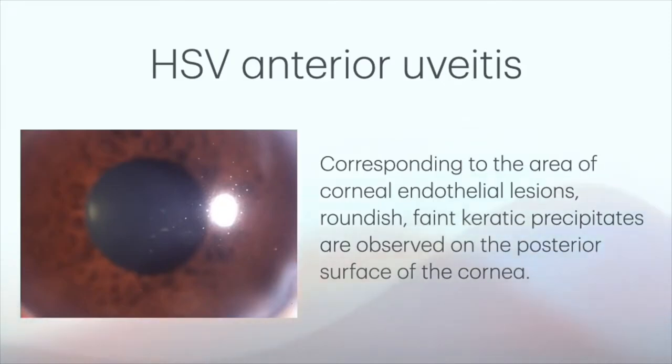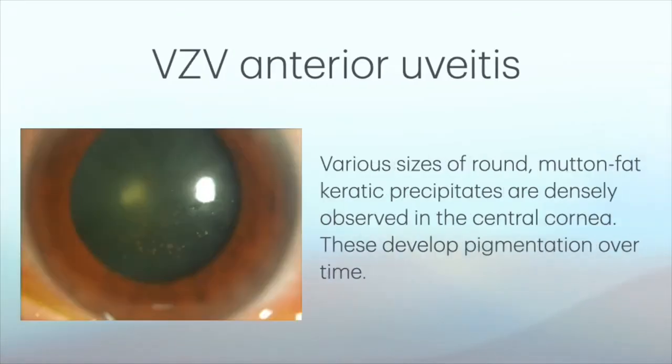In HSV anterior uveitis, corresponding to the area of corneal endothelial lesions, roundish, faint keratic precipitates are observed on the posterior surface of the cornea. In VZV anterior uveitis, keratic precipitates of various sizes are densely observed in the central cornea.